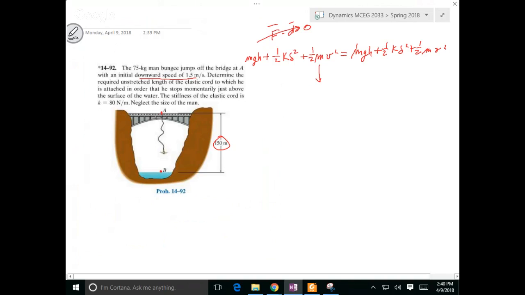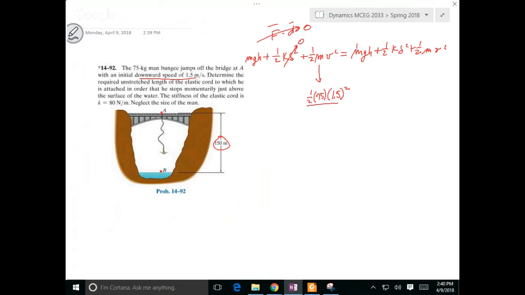Okay, so he had to do that to me. 75, 1.5 squared. Well, ironically, it doesn't matter. Yeah, that's the cool thing.